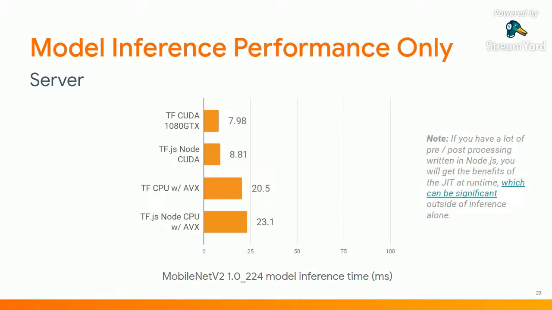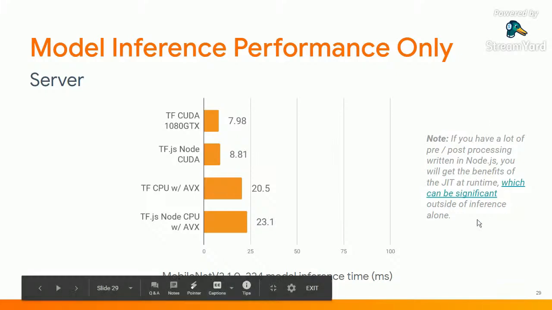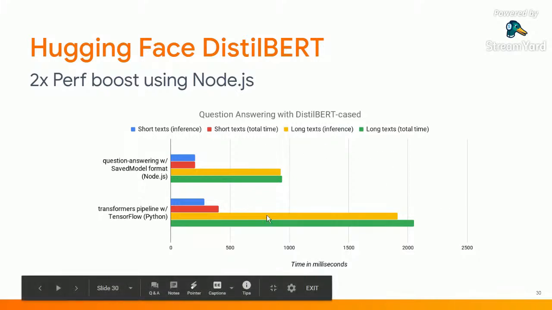This can sometimes be a non-trivial thing to do. Maybe you need to resize the image, maybe you need to convert it to black and white, or maybe you need to do something else to that data so the model can digest it. If you do need to do all that pre and post processing, you can see a significant performance boost, as you can see here.